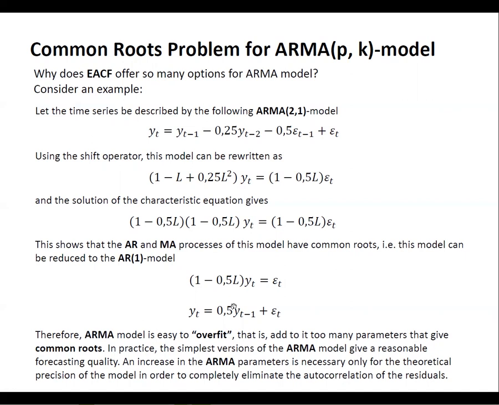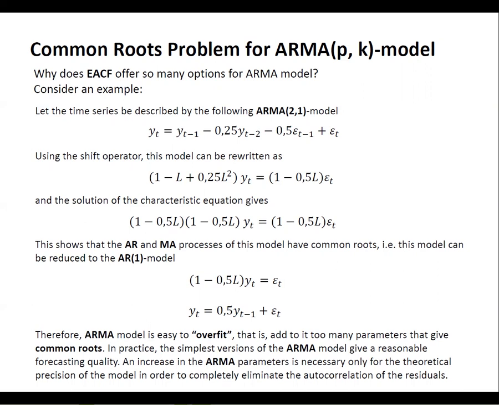This shows that this is turning into an AR process, since the proposed ARMA model has a common root which allows this model to be simplified and reduced simply to the AR1 model.